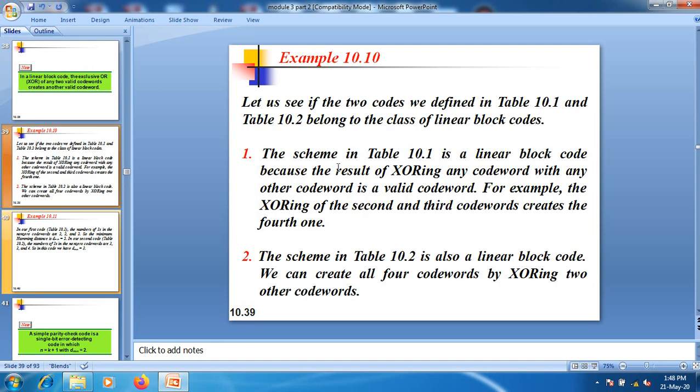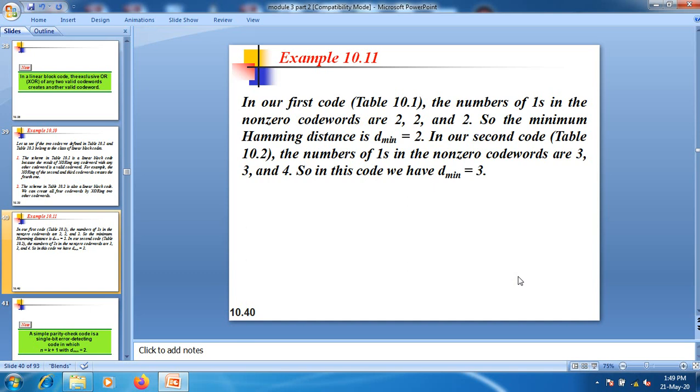This is a linear block code, because the result of XORing any code word with any other code word is a valid code word. We have already gone through this particular example, that is, the second word and the third word create the fourth one. In our first code, the number of ones in the non-zero code words are 2, 2, 2.